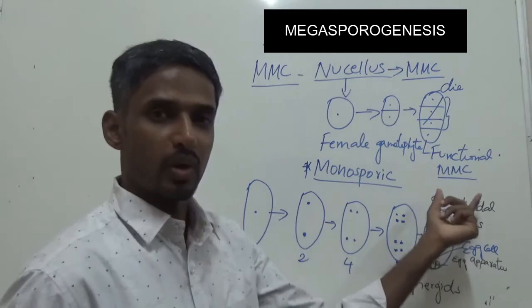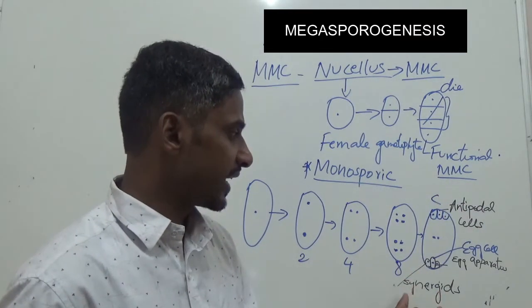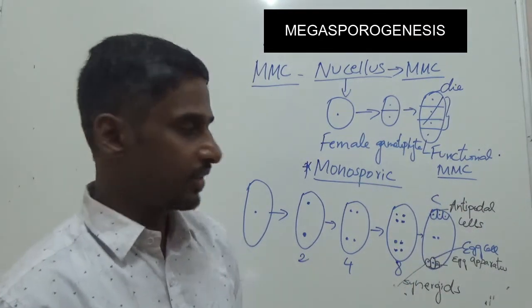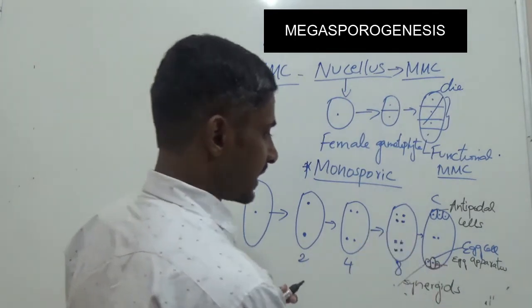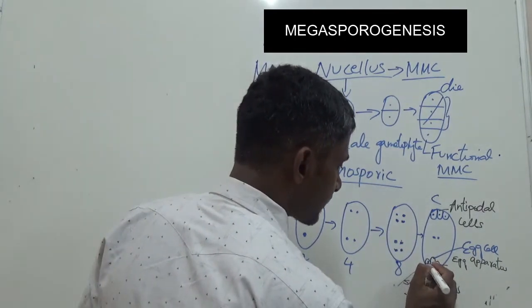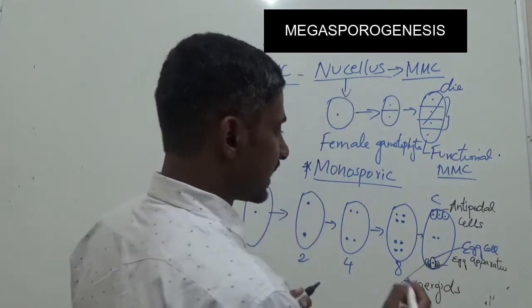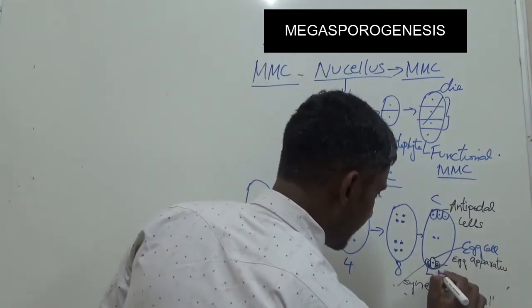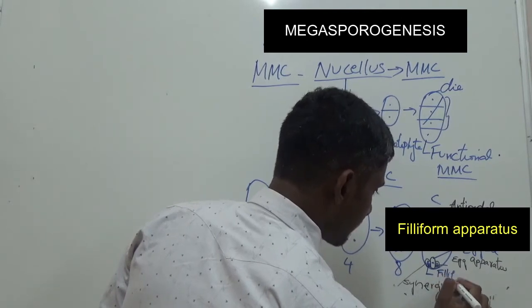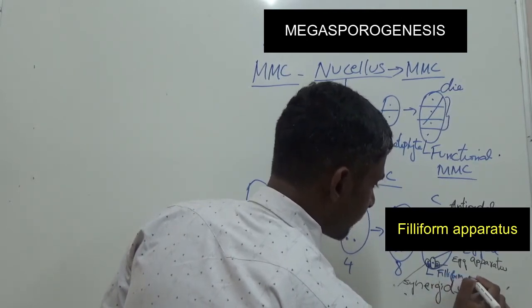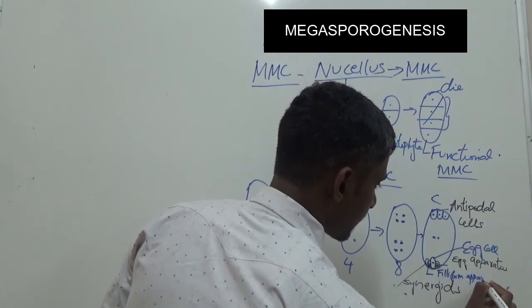So 3 antipodal cells we have, 2 synergids we have, and 1 egg cell we have. Now these synergids, at the basal part, there is a thickening, and that thickening is called the filiform apparatus.